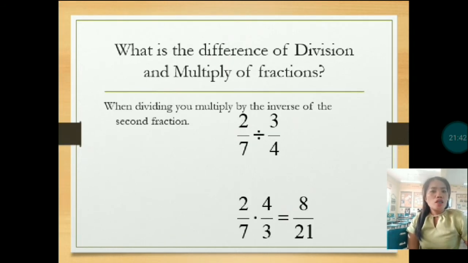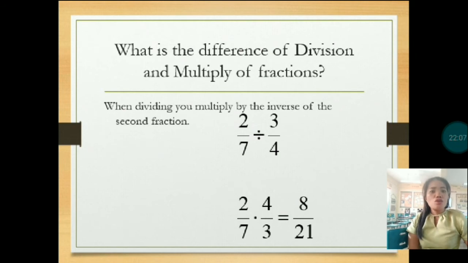When dividing, you multiply by the inverse of the second fraction, or just simply get the reciprocal of the divisor, then proceed to multiplication. So our dividend is 2 over 7, and our divisor is 3 over 4. We're going to get the reciprocal, or the inverse, of 3 over 4, that's 4 over 3.